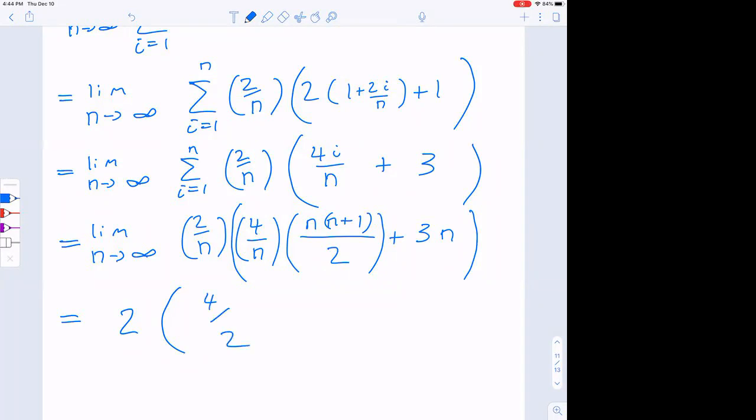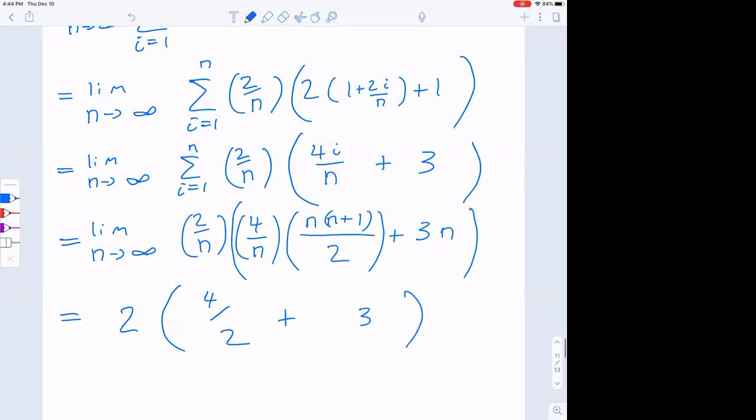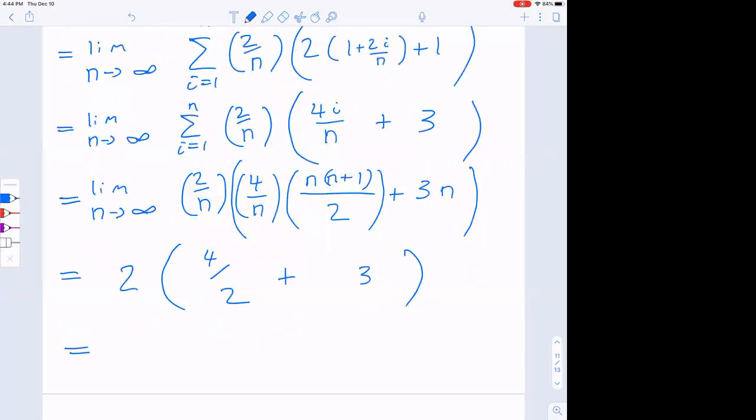That's all that breaks down this limit. Largest power on the top has a 4, largest power on the bottom, 2 multiplied by n squared. And then for the other term, all you have is a 3. Okay, so what does this work out to be? We have 2 multiplied by 2 plus 3, which is 2 times 5, or 10.